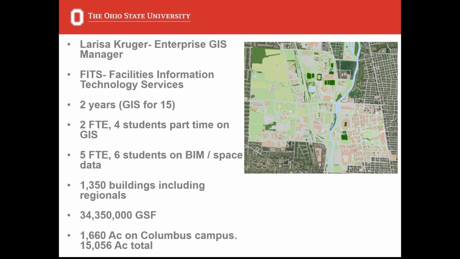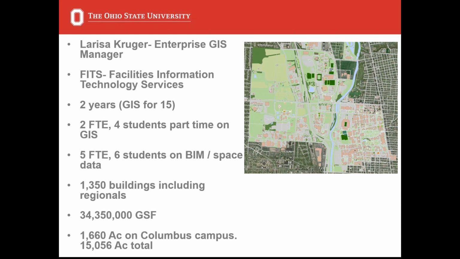We also have 4 students part-time that do a lot of our churn, so building the base map, that sort of thing. There are also 5 full-time employees that work on our BIM and Revit models and our space data. They are also using 6 students to promote their BIM initiative and get that off the ground, which I'll talk a little bit more about later.